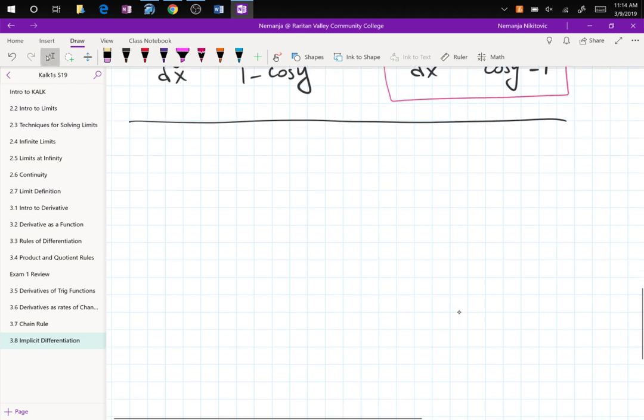All right, let's see. Find the derivative of e to the 3y minus x to the 6 is equal to 10xy.